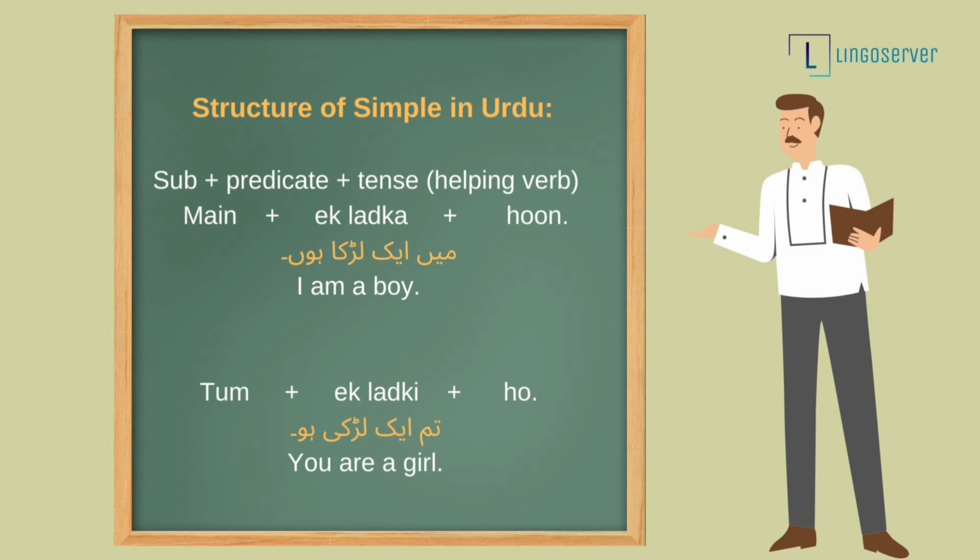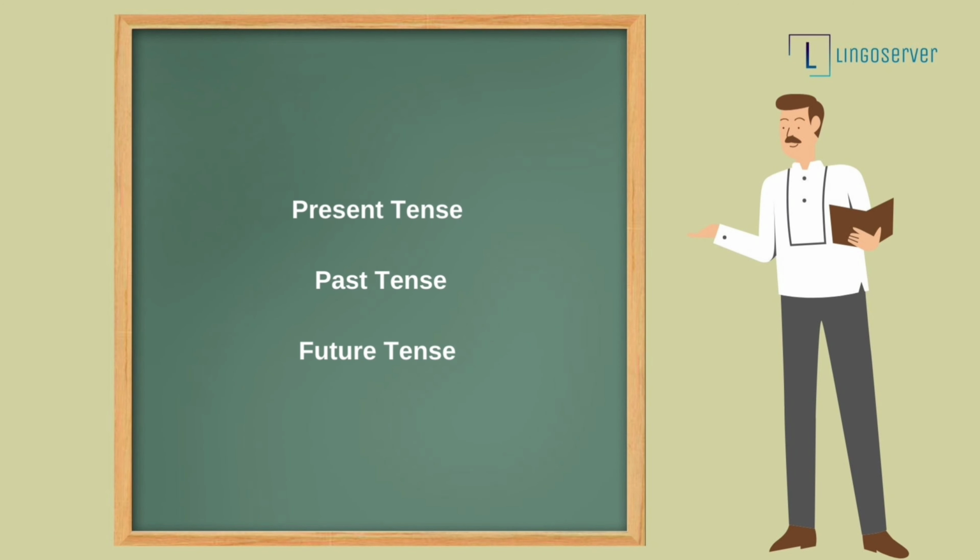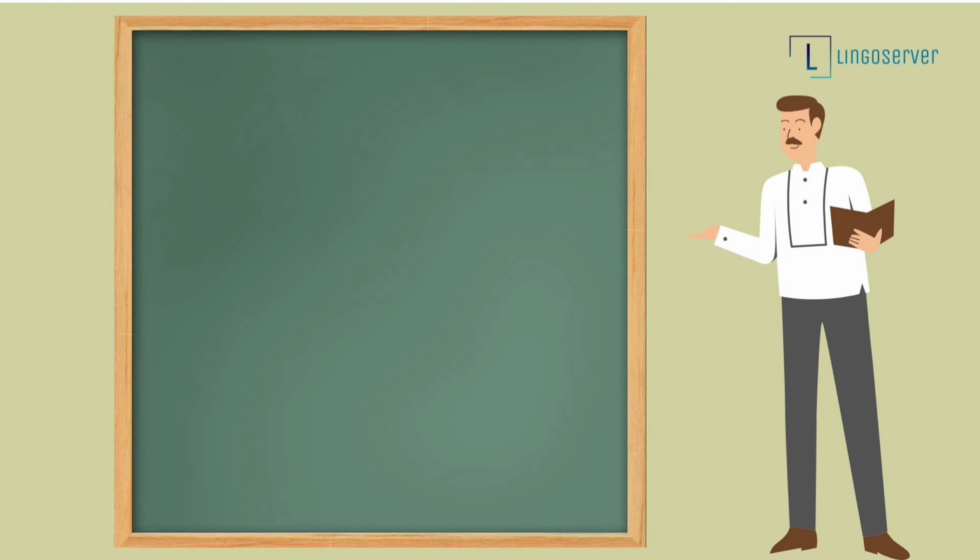So, मैं and तुम are subject. एक लड़का and एक लड़की are predicate, and then हूँ and हो are helping verbs. In these two examples, we see that we have followed the same structure. Remember that we will follow this structure for simple in all tense: present tense, past tense, and future tense. We stop here about this structure.